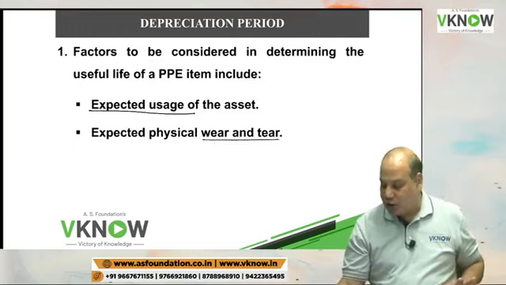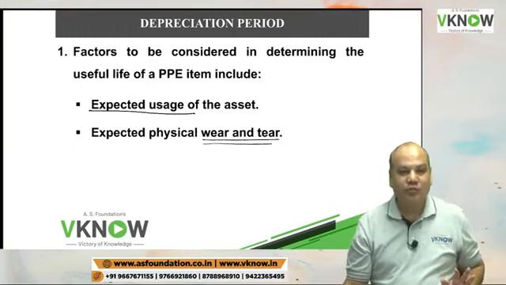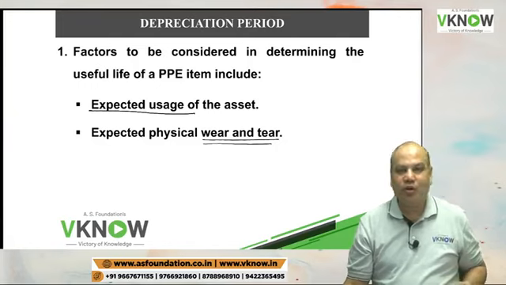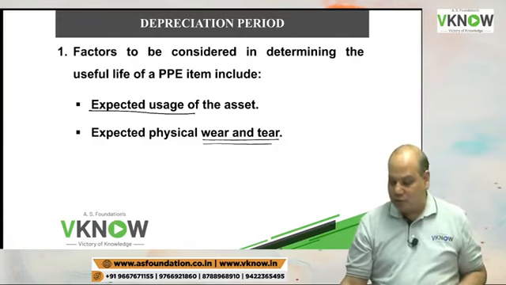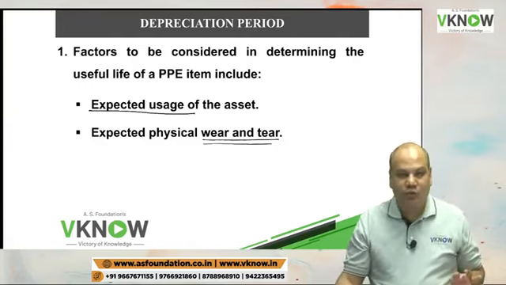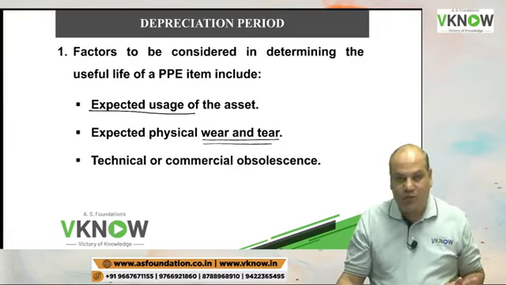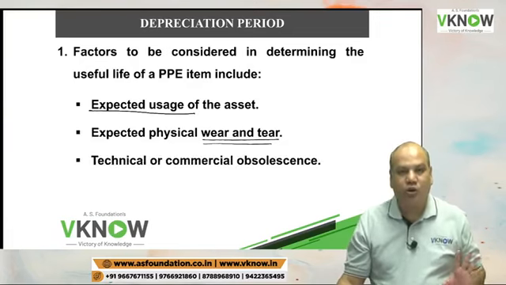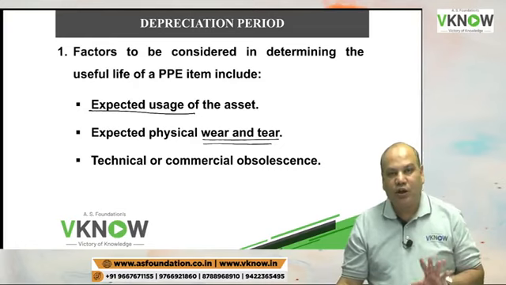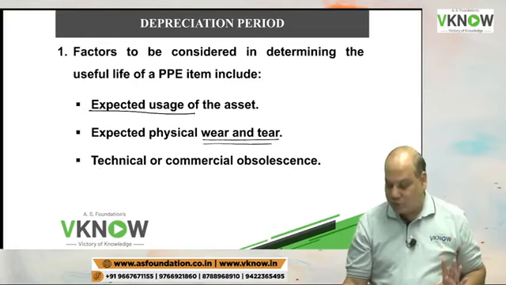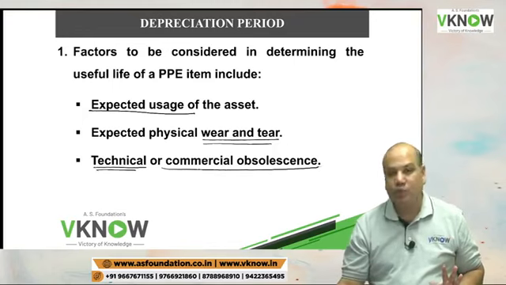So wear and tear is also an important factor. In case of tour operator, the car will have more wear and tear, whereas in case of doctor, he will maintain the car properly. So doctor can assume a longer useful life as compared to a tour operator. Then one can also look into technical or commercial obsolescence.